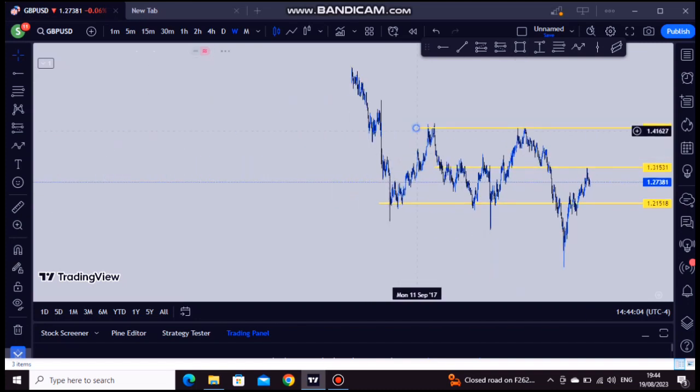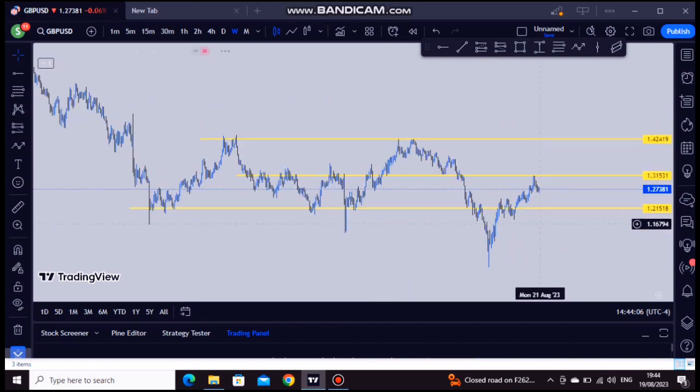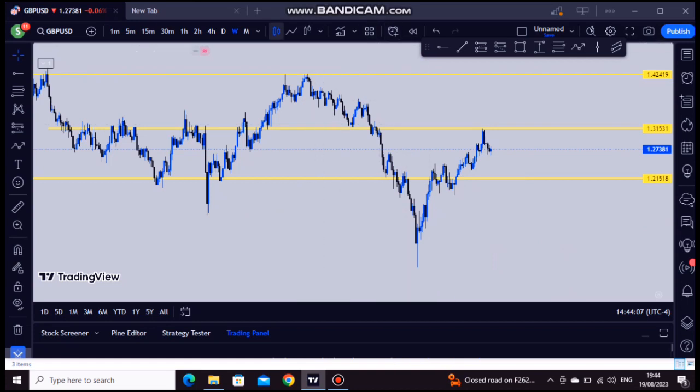We already know that we are bearish, and on the weekly we have been making lower lows, lower highs, lower lows, lower highs. So this is probably a lower high forming like this.